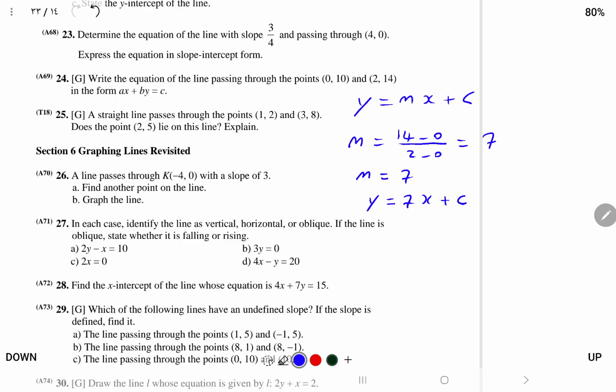Now to calculate c, I can choose one of the points, either (0, 10) or (2, 14), and replace it in the equation to find c. Let us choose (2, 14) and replace it in the equation. So here you have 14 is equal to 7 times 2 plus c.